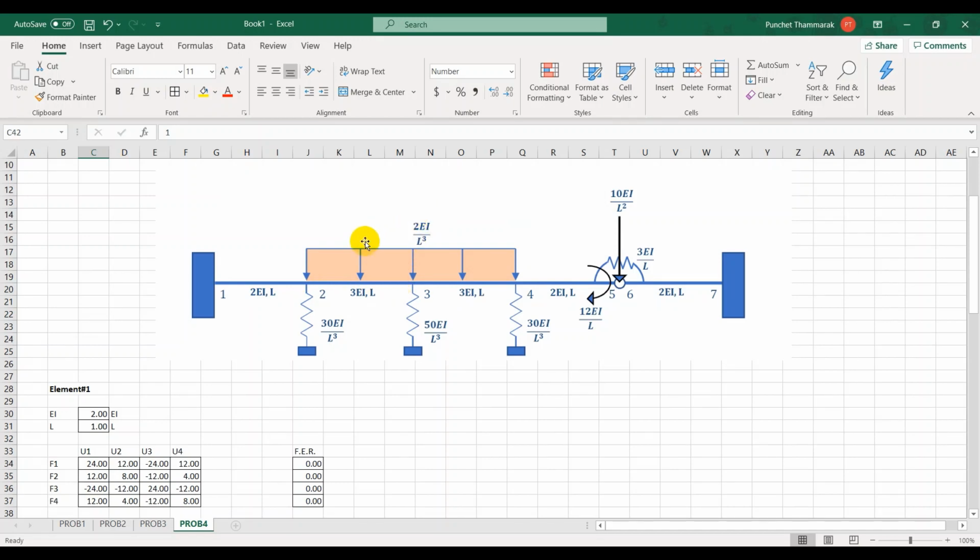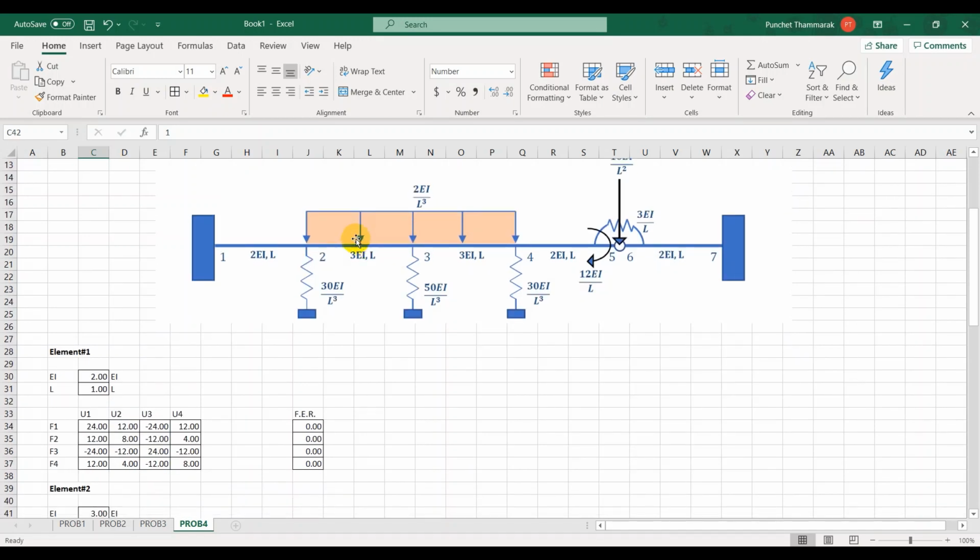So the 2 EI over L cube, which is the W multiplied by L. So it turns out to be 2 EI over L square. Now you get WL, and then you need to divide by 2.